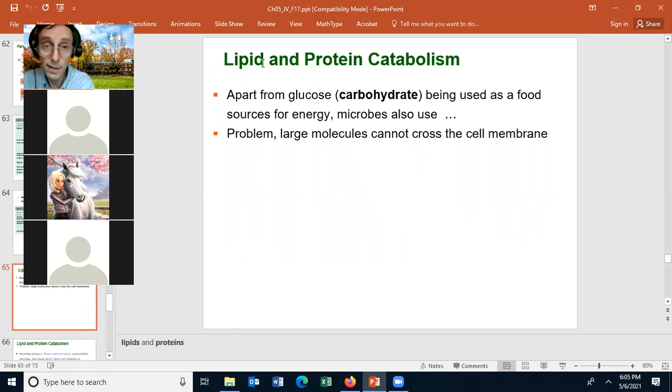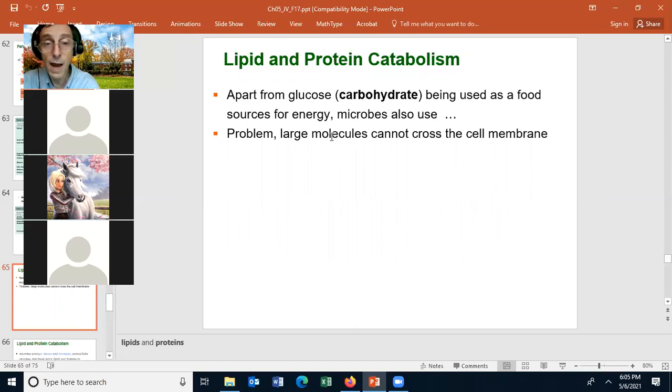They can also use lipids and protein catabolism to make ATP. So everything you eat as food can be used to make energy in the form of ATP. And this happens with microbes as well.